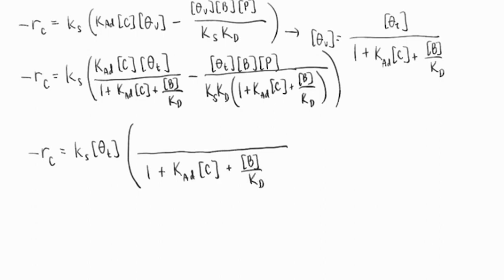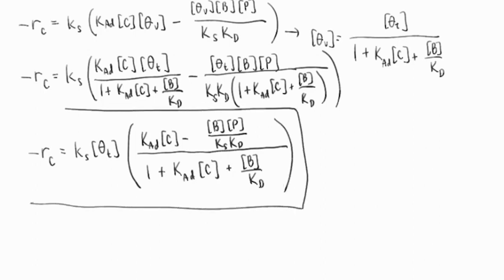In the numerator, we have K adsorption, concentration of cumene, minus concentration of benzene times the concentration of propylene divided by capital Ks, capital Kd.